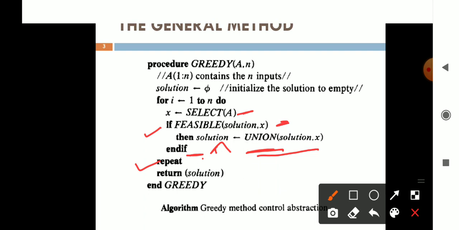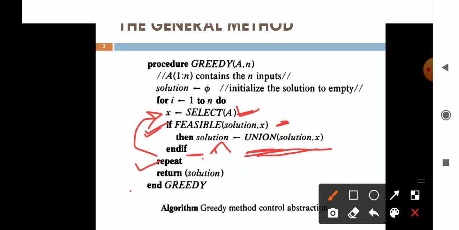So here we have repeat and here we are going to again select from the particular A. We are going to select another value from A here. Again we are going to check if it is feasible. If it is feasible, you have to add it into the solution. Again we are going for the next. If it is feasible, we are going to add it into the solution. So multiple values will be there in the solution.